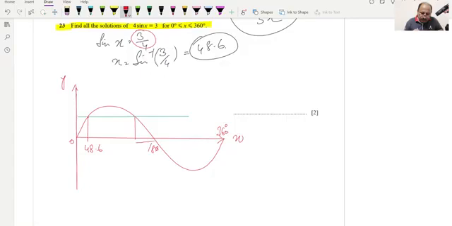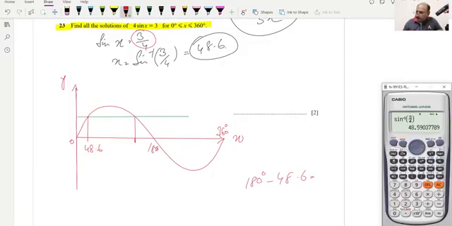So this point will be 180 degrees minus 48.6, and if we subtract 180 minus 48.6, this will be equal to 131.4.